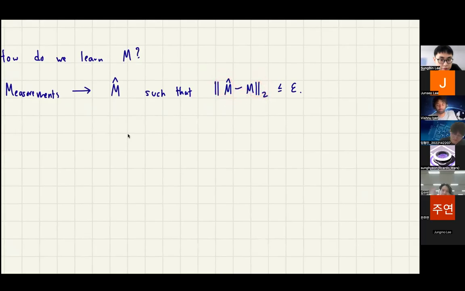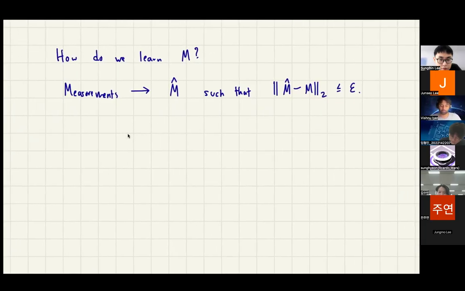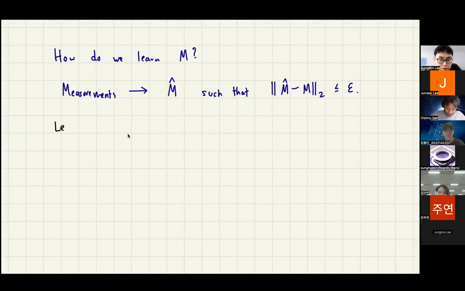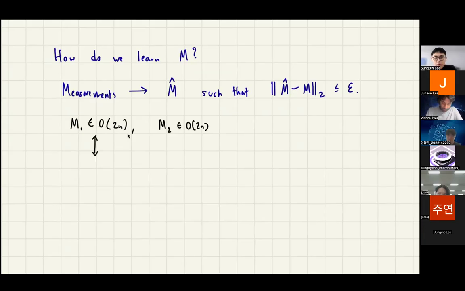And then they show a lemma. This is the key lemma. Before we do that, if you have a matrix M1 in the orthogonal group, and you have a matrix M2 in the orthogonal group, this corresponds to a unitary U1.